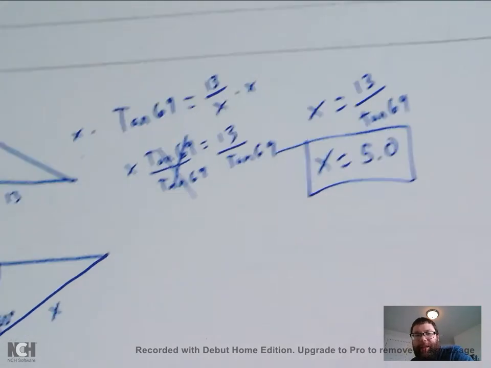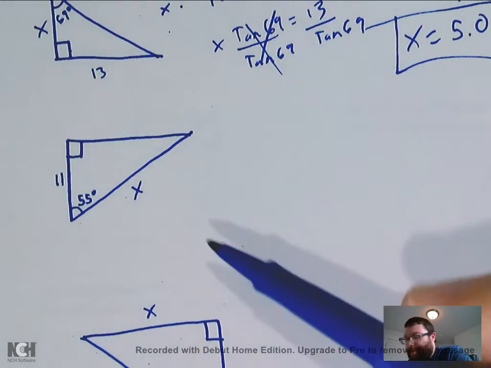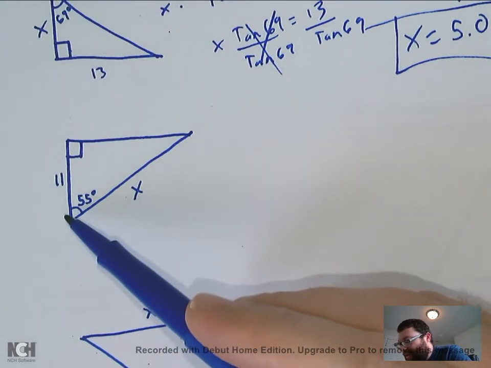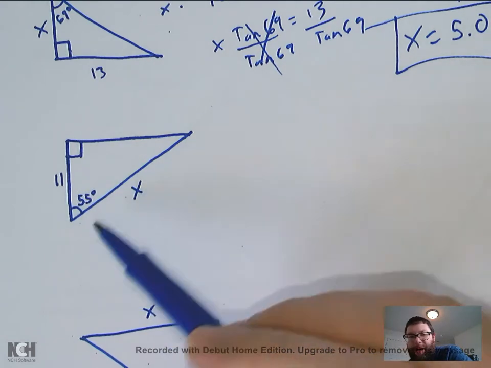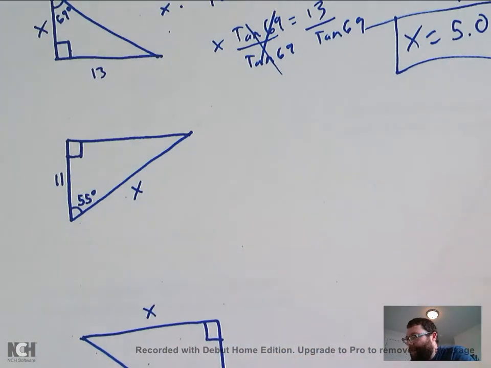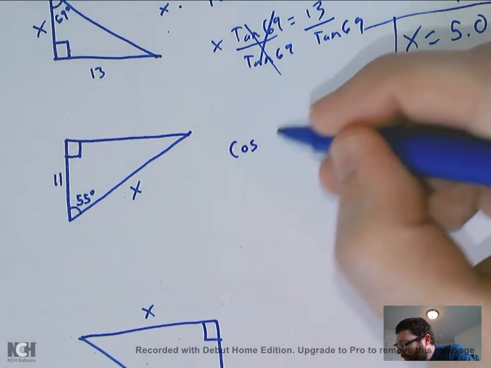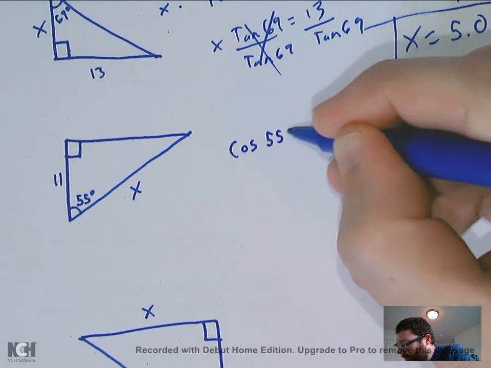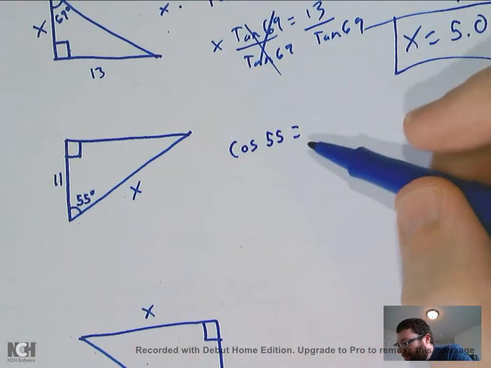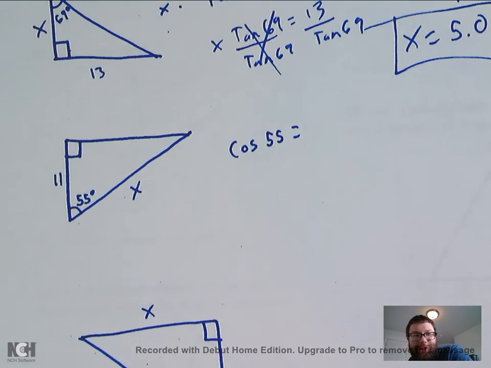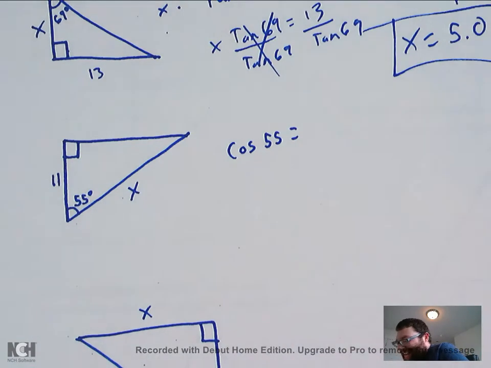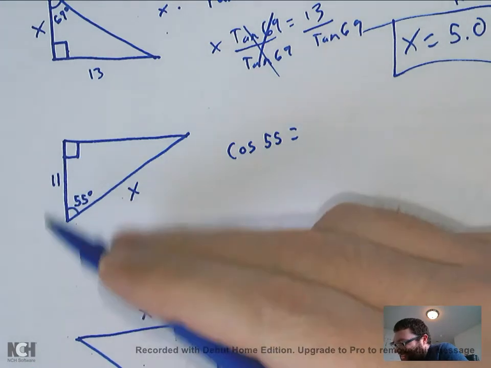All right, let's try another one. So this time I've got the angle right here. I've got an adjacent side, and I've got the hypotenuse. Adjacent and hypotenuse is cosine, right? So I'd have cosine of 55 degrees is going to equal adjacent over hypotenuse.